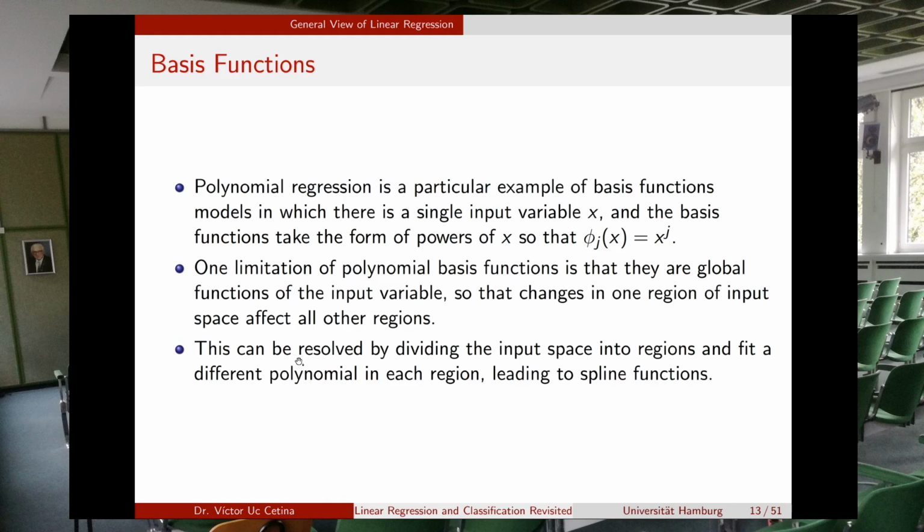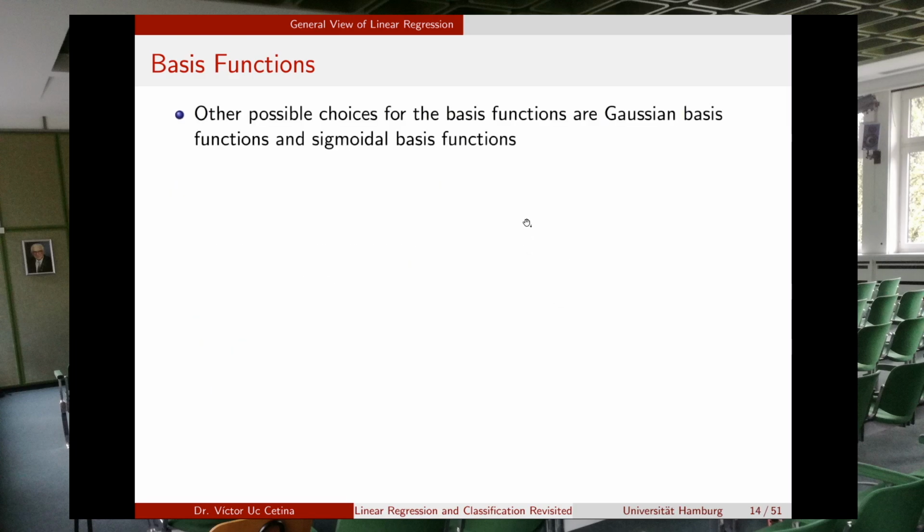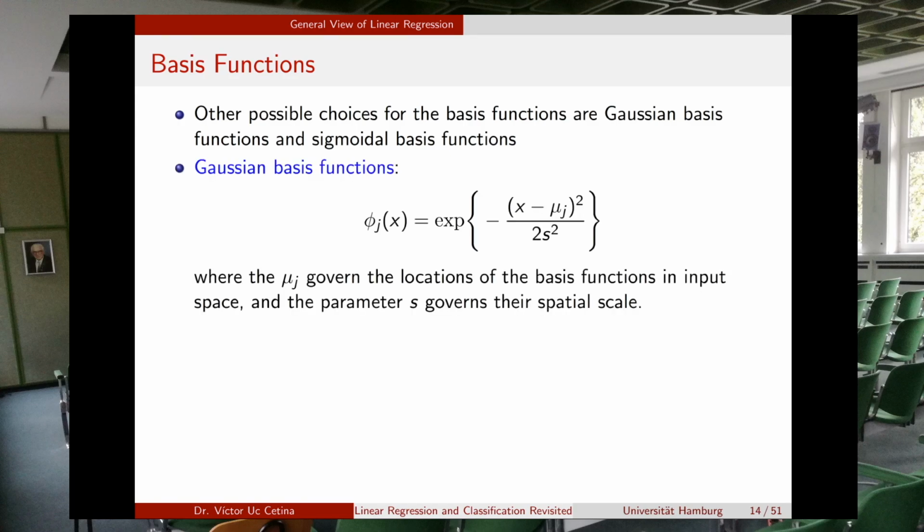This problem can also be solved by dividing the input space into regions and fitting a different polynomial in each region. This could be one option, using different polynomials, and this is what we call spline functions. Other options that you can use are Gaussian basis functions and sigmoidal basis functions.